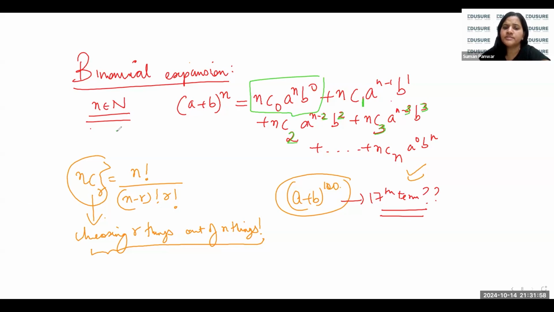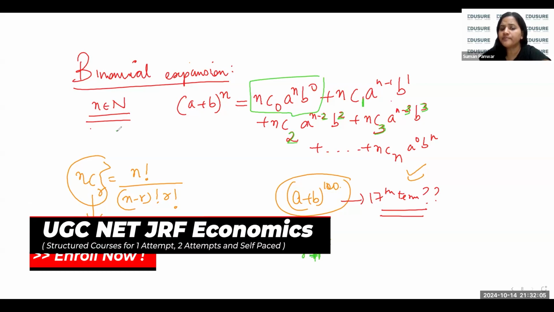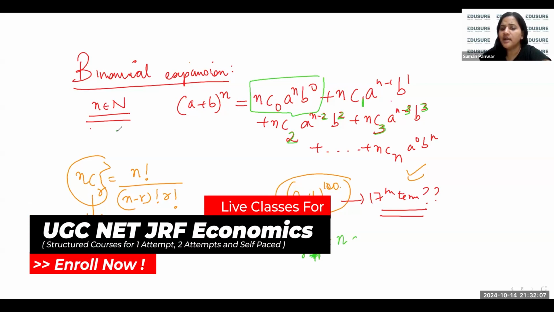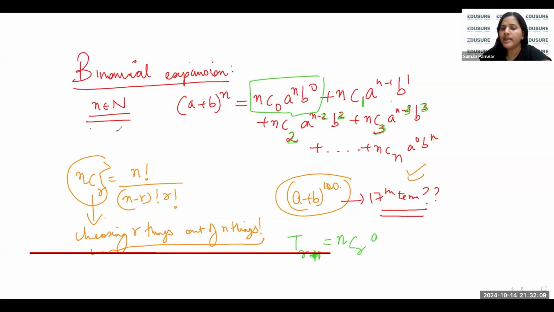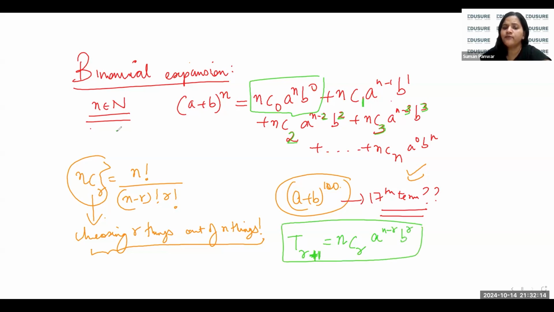Okay. So suppose somebody wants to find out the r plus 1th term. So I am going to have 1 less than r plus 1. Okay. So nCr a power n minus r b power r. So this is the formula for the r plus 1th term in the binomial expansion.